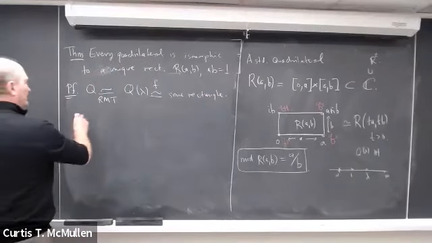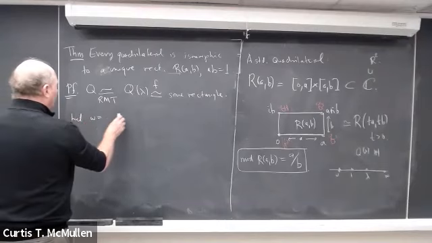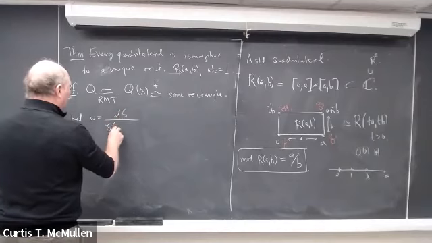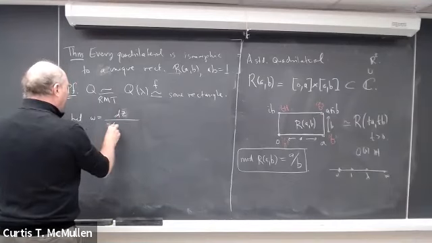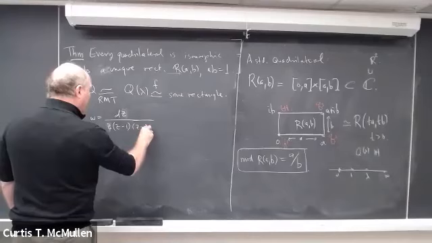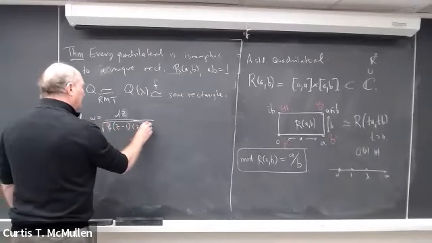And indeed, the way you do this is you consider omega, which is the one form dz over the square root of z times z minus 1 times z minus lambda in the upper half plane.